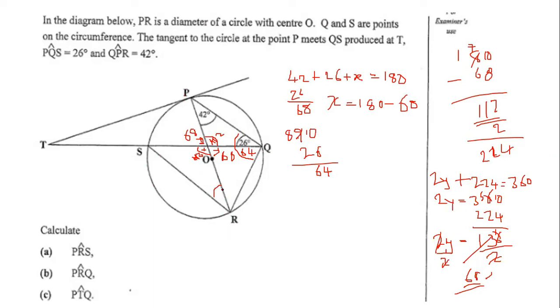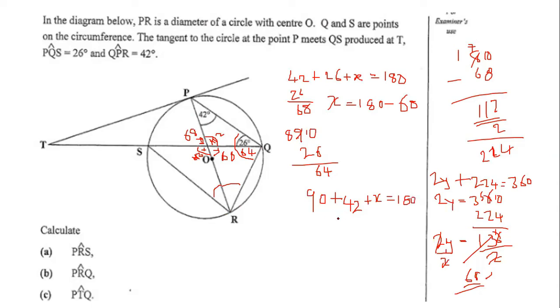PRQ, we can easily find PRQ here because we know that this is 90. So this one is simply going to be 90 plus 42. Now I'm looking at this triangle here, from there to there, all the way up to there. We have this side, we have this side, we don't just have this one. That's why we are adding 90 plus 42 plus the x, which we don't know, which should be equal to 180.